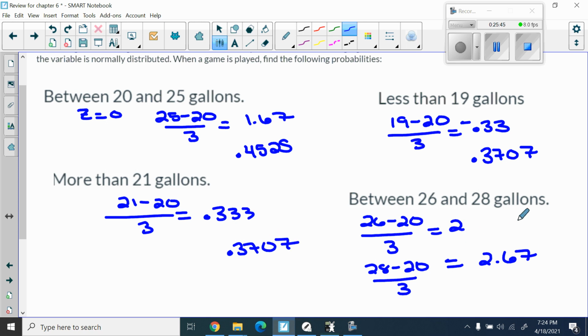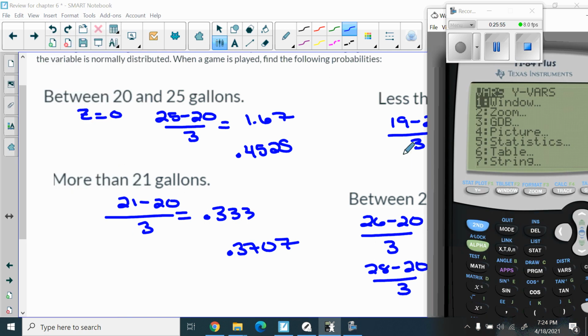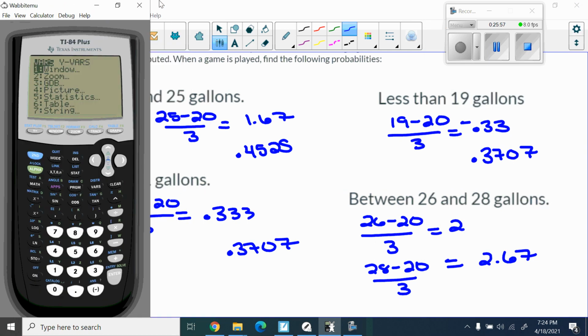Now we're going to do between 2 and 2.67 z-scores. So second VARS, normal CDF. Sorry, this guy like ran away from me. So second VARS, normal CDF, and my lower bound is 2, and then my upper bound is 2.67.